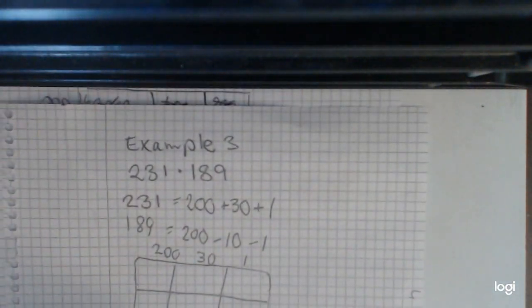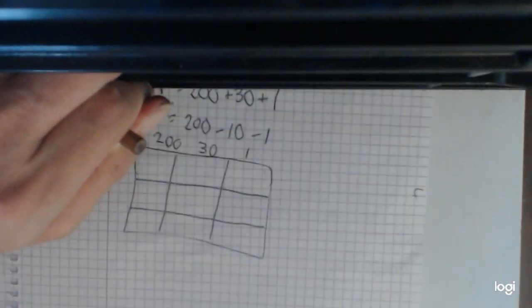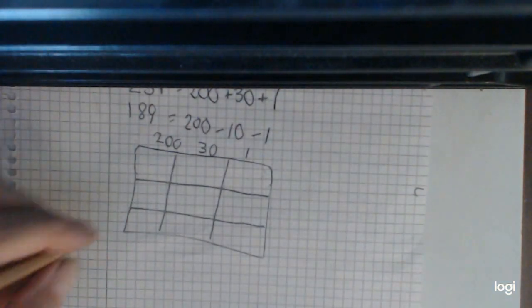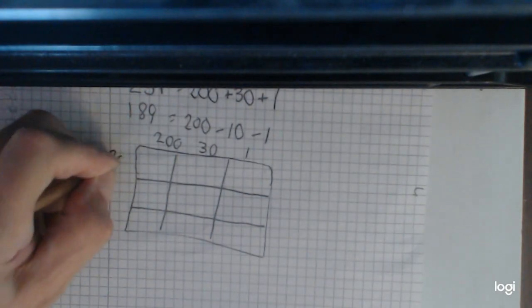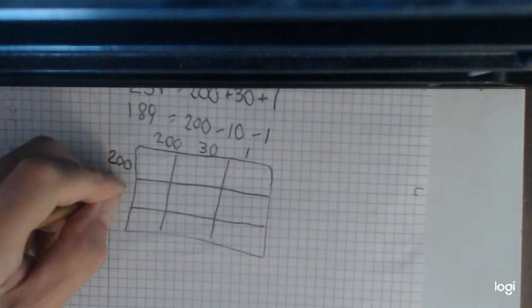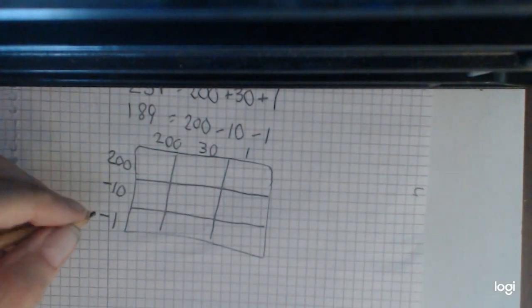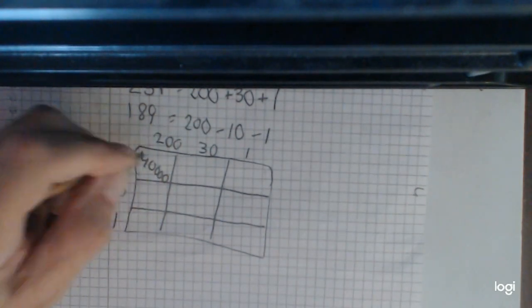Here you have the problem. So this is 200 minus 10 minus 1. 40,000.